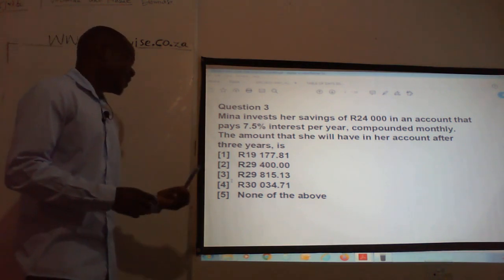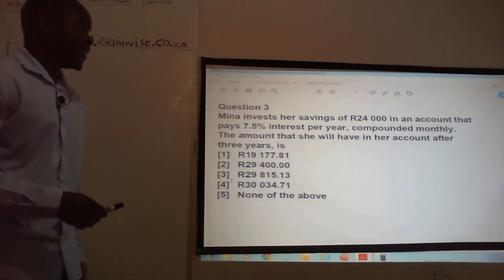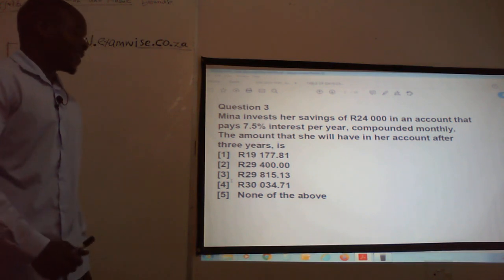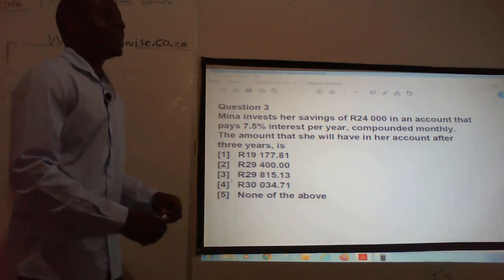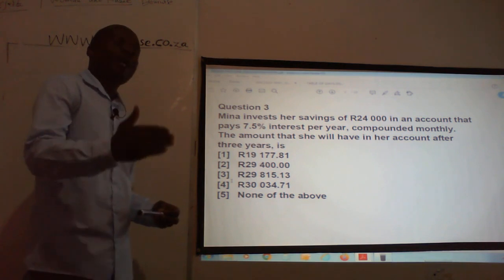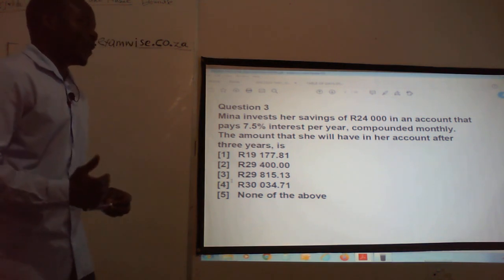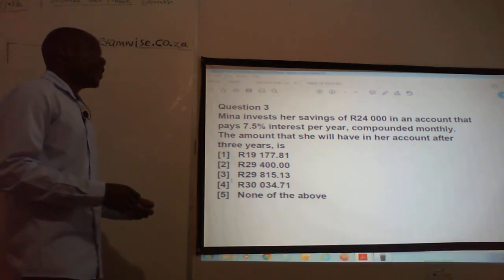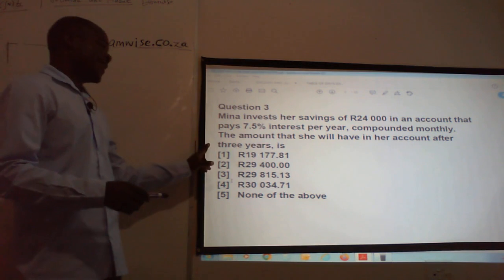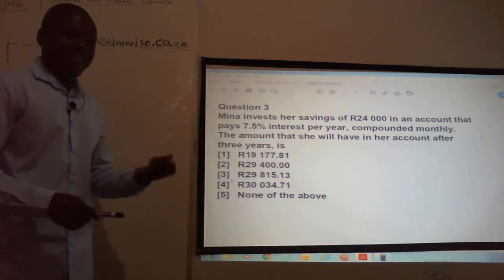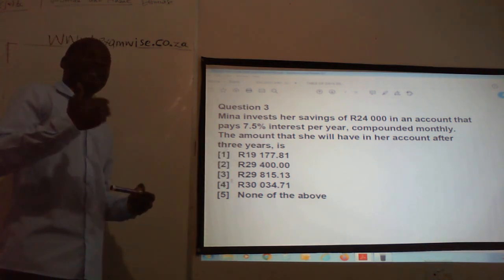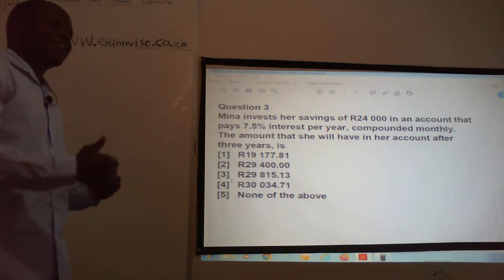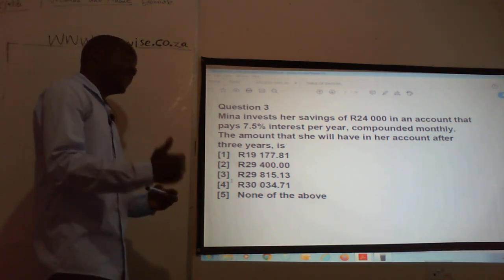So as I emphasized from the beginning, the first thing is to determine what we are required to calculate. The question says the amount that she will have in her account after 3 years is. After 3 years from now, what will be the amount in her account?